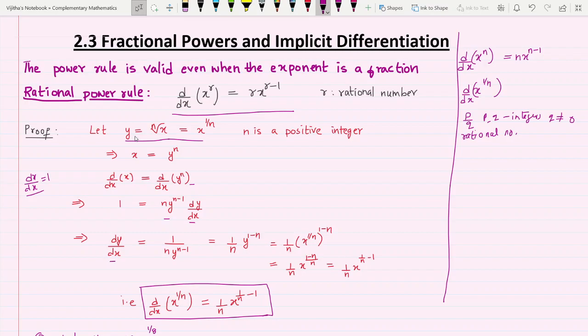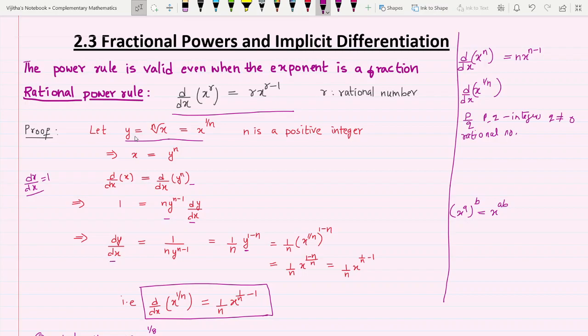Now we will resubstitute for y. What is y? y is x raised to 1 by n. So we have 1 by n times x raised to 1 by n, whole raised to 1 minus n. This is of the form x raised to a, whole raised to b, which is nothing but x raised to ab. So we get 1 by n x raised to 1 by n into 1 minus n.